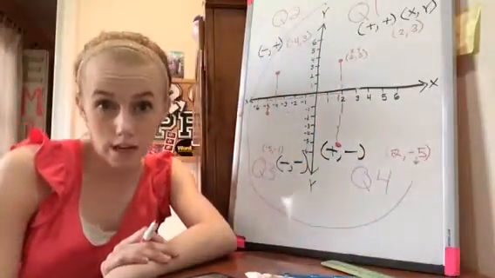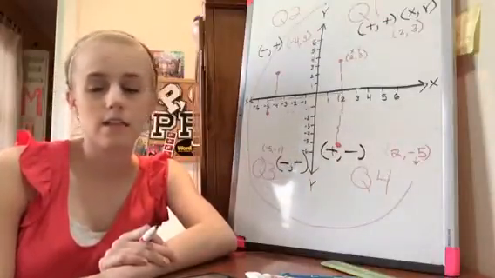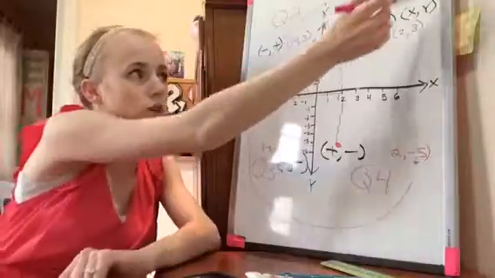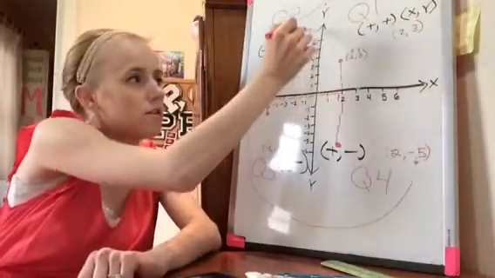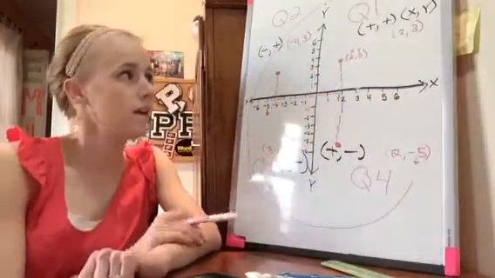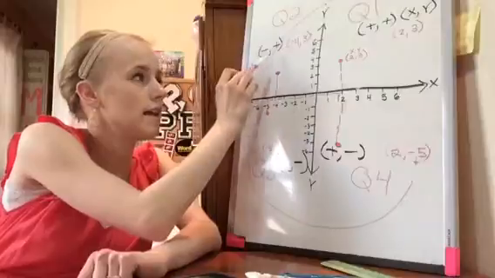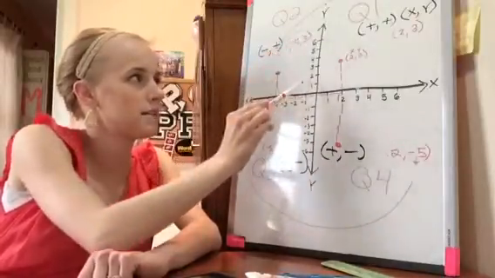So it's really important that you practice recognizing the signs. In quadrant 1, it's positive, positive. There's positive here and positive here surrounding it. In quadrant 2, it's negative, positive.